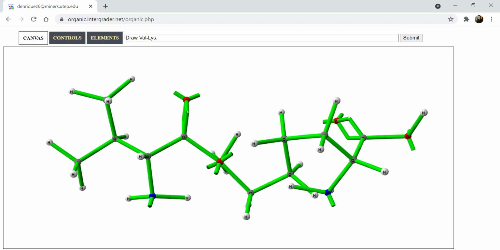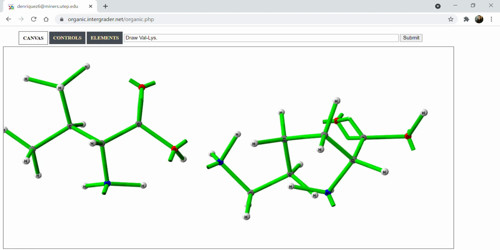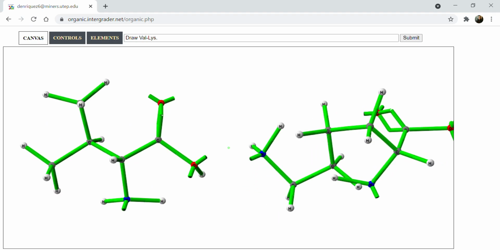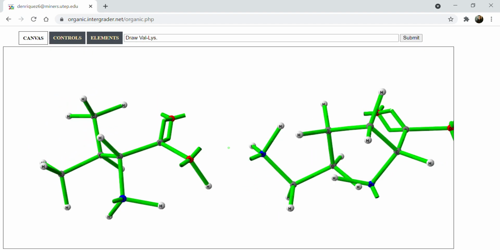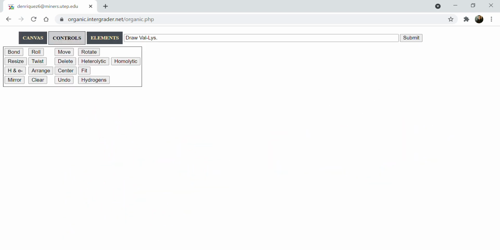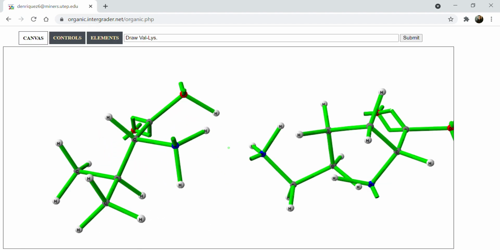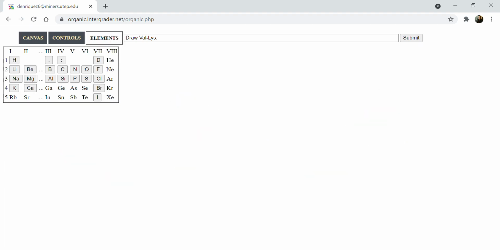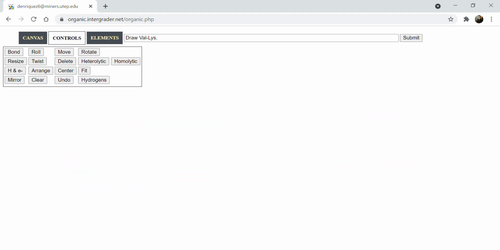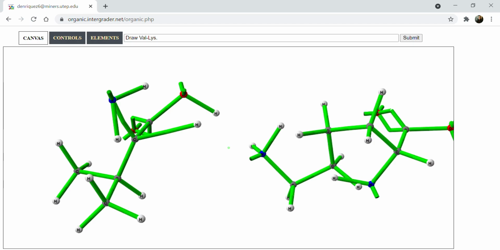Okay, and then let me move this around. And then we want to look, and I see that these are in the wrong positions. I want my nitrogen on the left. Oops, not heterolytic. Never heterolytic.